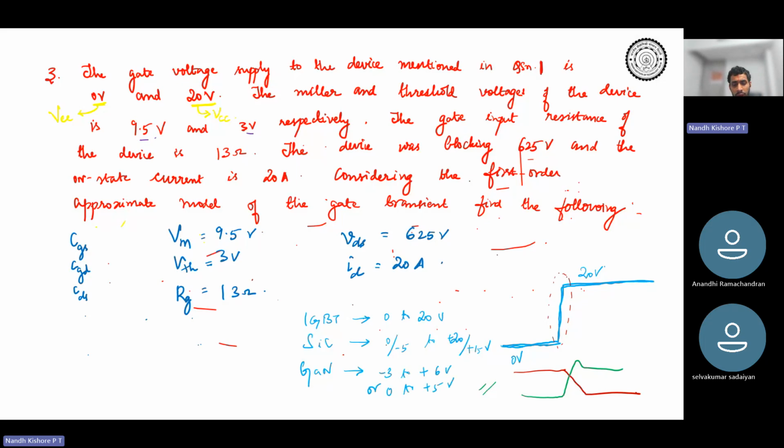Okay, so can you tell, for the same gate resistance, I'm using the same gate resistance in all three cases for IGBT, SiC, and GaN. So in which case my peak gate current requirement would be lower?